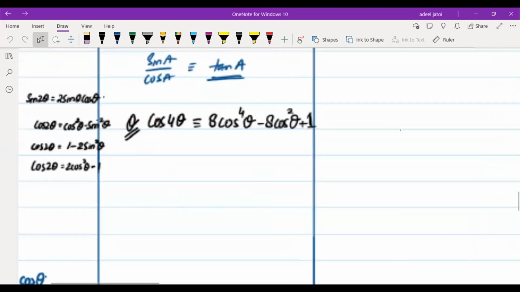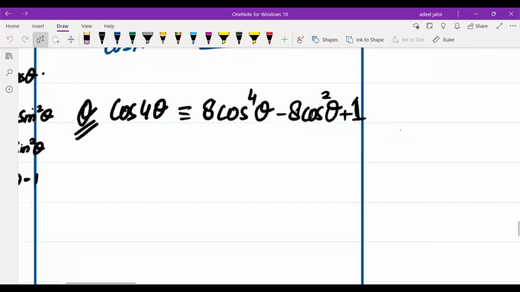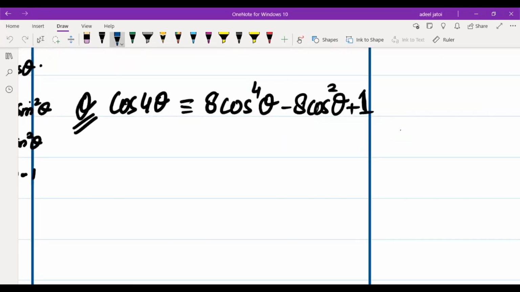Let's move to the third example for the lecture. cos 4 theta is identical to 8 cos to the power 4 theta minus 8 cos square theta plus 1. If you just see, cos 4 theta can be written as cos(2 theta plus 2 theta).